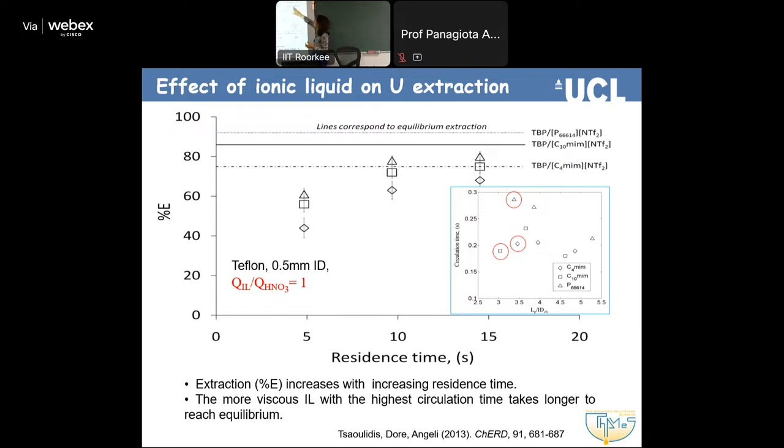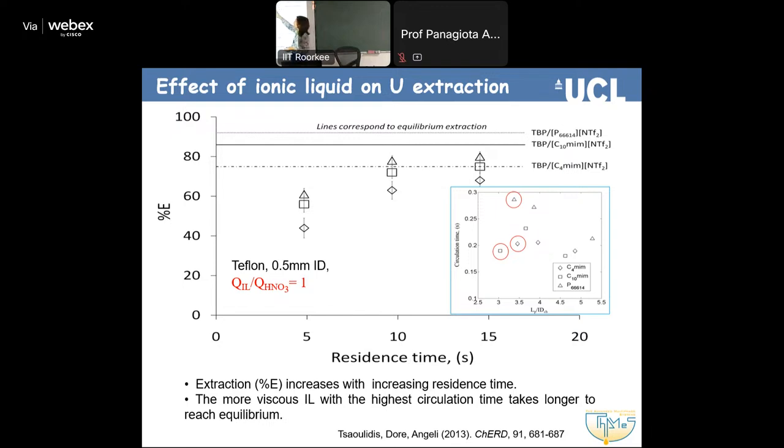This is the less viscous, and this is the more viscous. And this is the final percentage extraction at equilibrium. We just try to follow how long it takes, in one particular ionic liquid, to reach equilibrium.